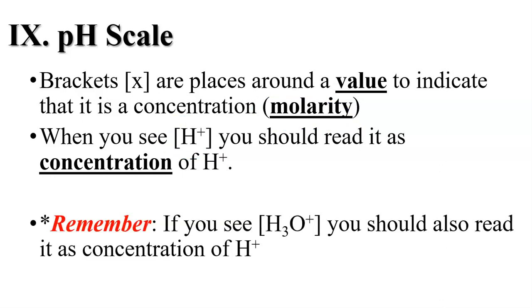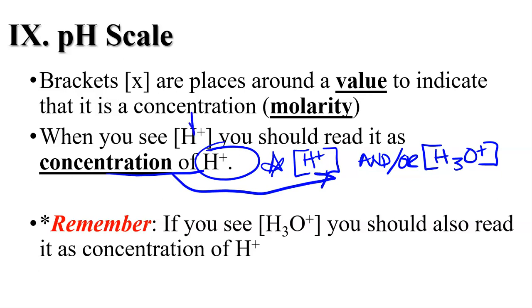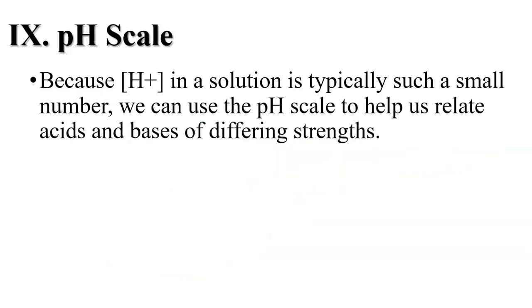I want you to make this note in your notes: if you see H+ or H3O+, that's what we're going to read as the concentration of H+. Not just H+, but H3O+ as well. Pause this and make that note in your notes.